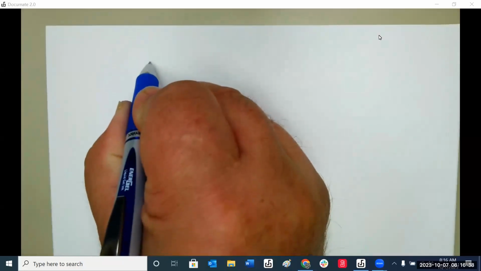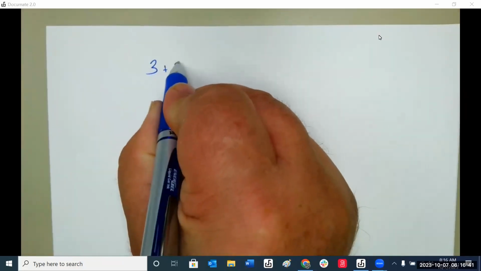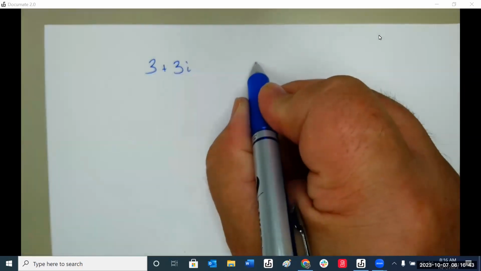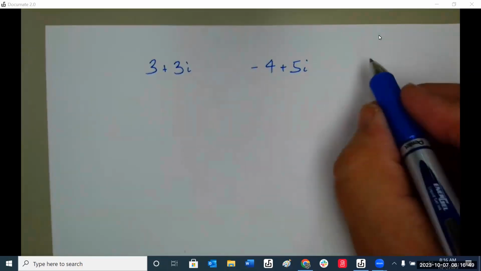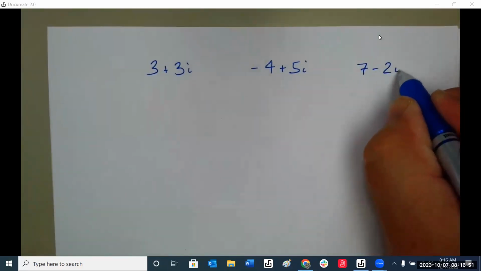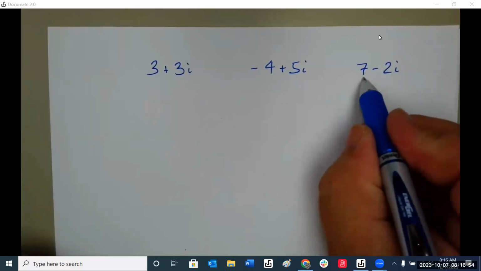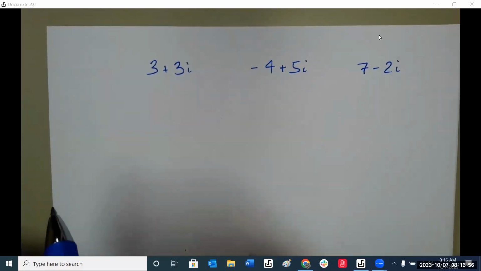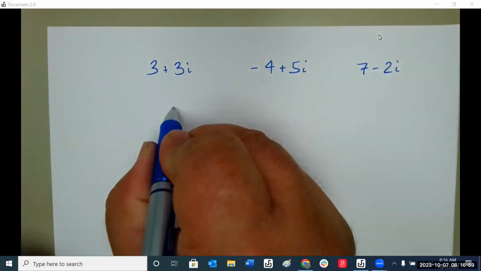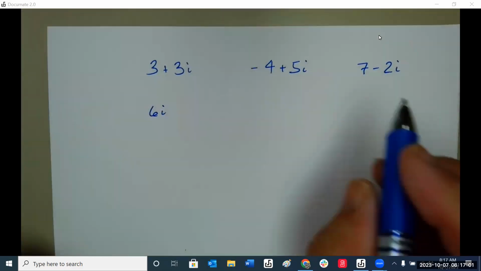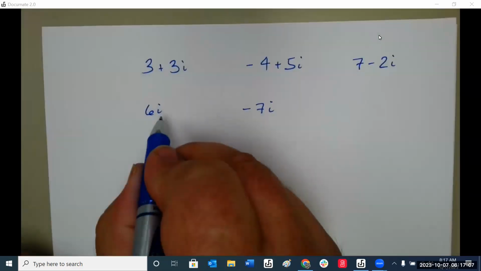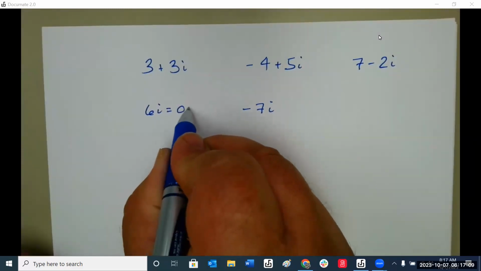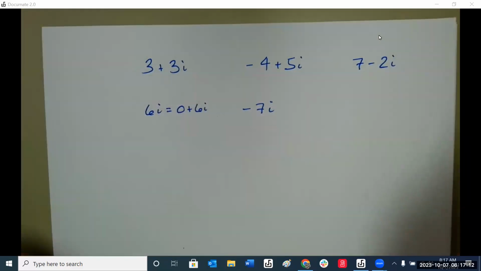For example, yes, a complex number could look like this, or it's got a real number and imaginary. Or it could look like this. Or this. Because in this one, the real number is 0, and the imaginary number is 6i.